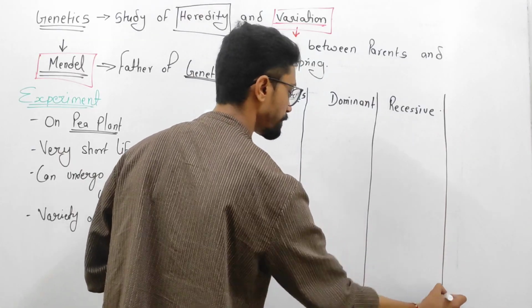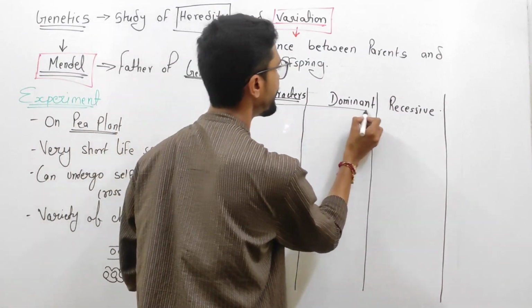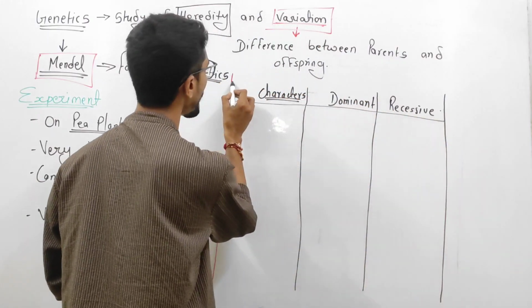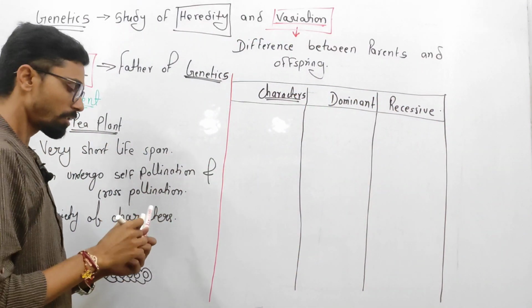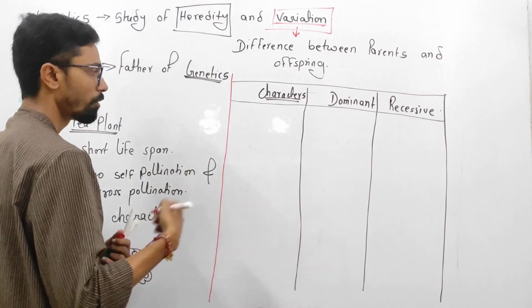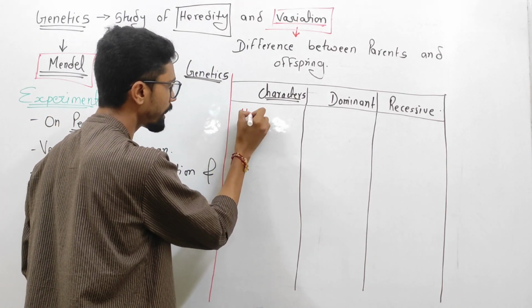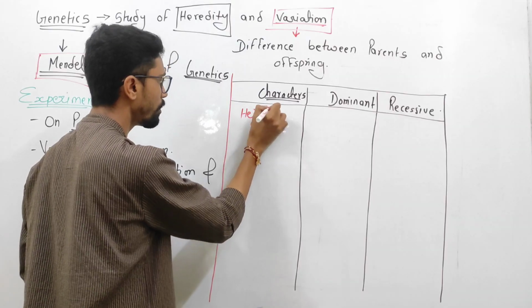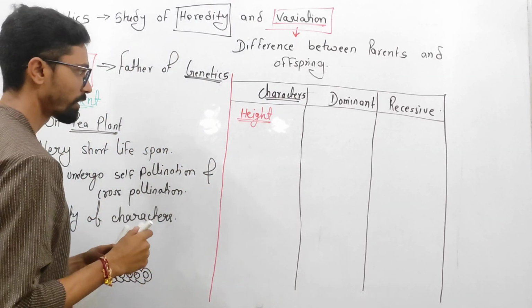So here we have one table to remember the characters. The characters of a pea plant start with height.